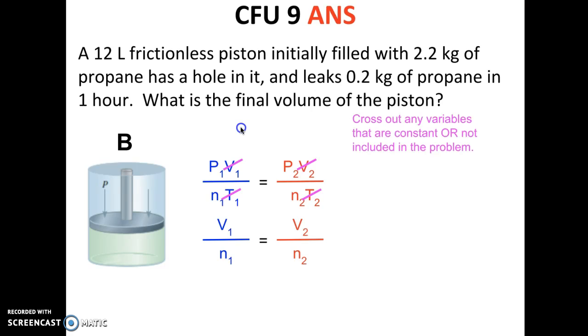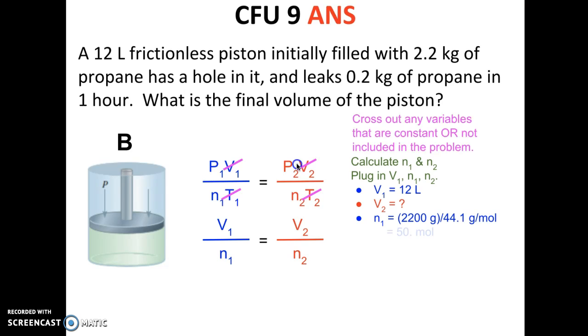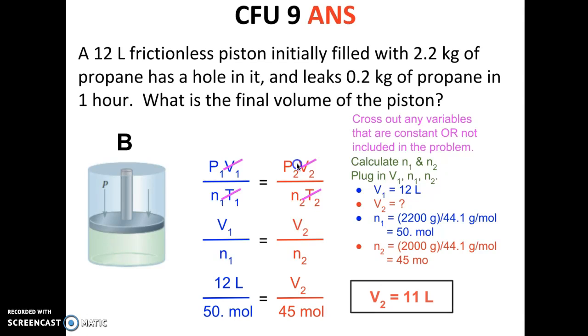The volume stays the same. It should have been pressure that's crossed out. So you want to cross out the pressure, not the volume. Keep those, and the moles. So you can go ahead and plug in your moles and your volume, and then use that information to solve.